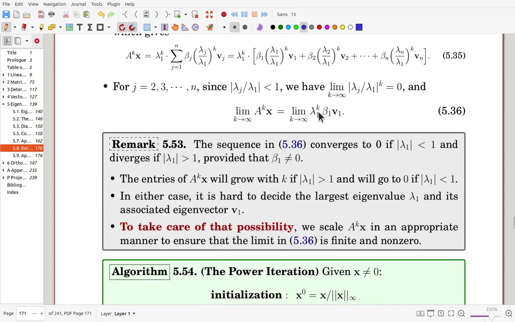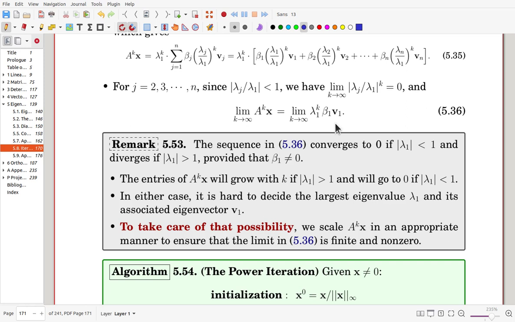Now if you look at this one, the equation itself is almost useless. The reason is, once lambda 1 is larger than 1 in modulus, this value will blow up. And if lambda 1 is less than 1 in modulus, it will approach the 0 vector. So in either case, it is very hard to decide the largest eigenvalue, lambda 1, and its corresponding eigenvector, v1.